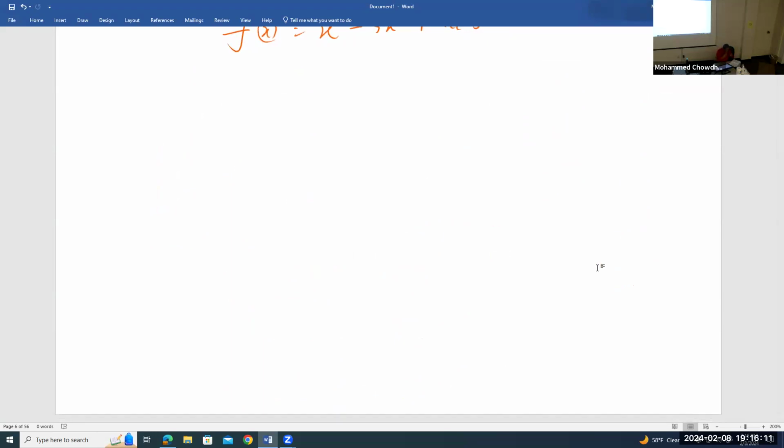Okay, so the Newton-Raphson method, to find the root of a continuous and differentiable function.